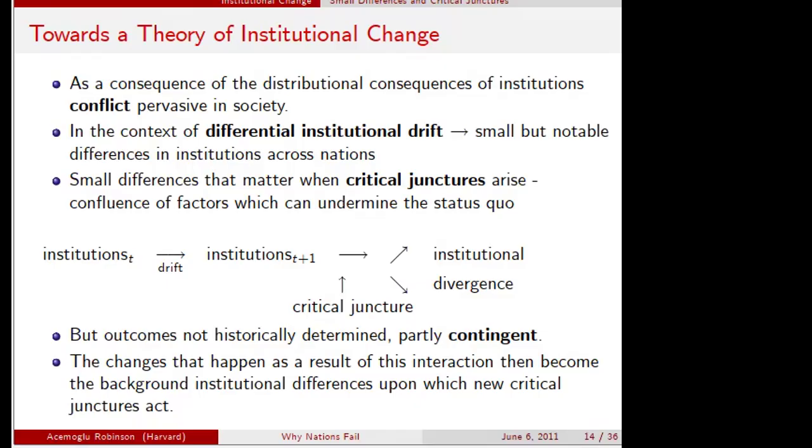So in part one, you will need to understand what institutional drift is. The concept of institutional drift refers to the fact that institutions are not static in nature. They gradually shift over time, they gradually drift over time, even without some big dramatic event. Small changes accumulate: a court ruling here, a new law there, a shift in the balance of power within the elites.